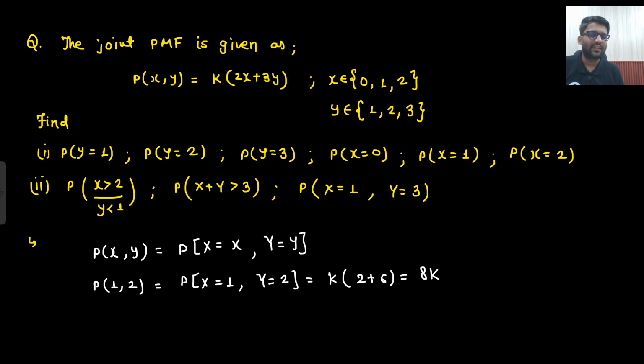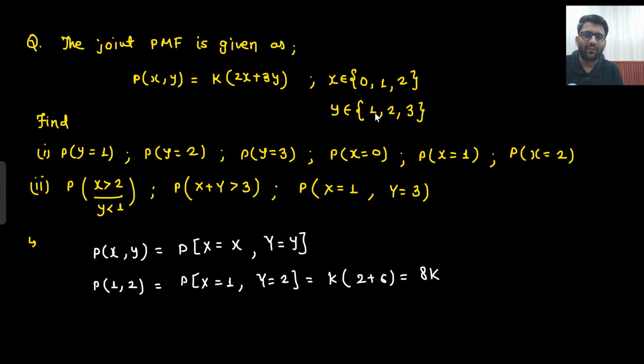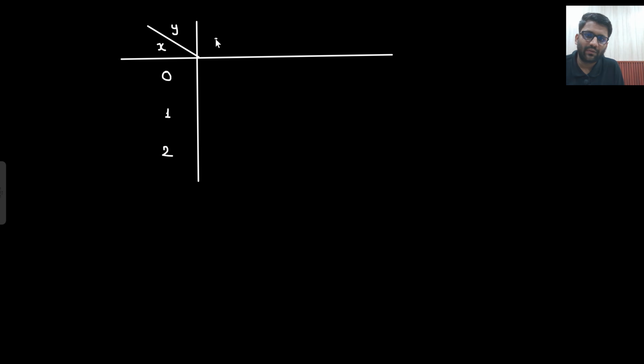In these kind of problems, you will make a table. Here you will put the value of x and on the other side you will put the value of y. X can take value 0, 1, 2. And here you will put the values of y. Y can take value 1, 2 and 3.